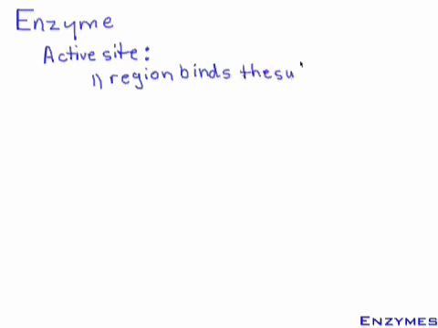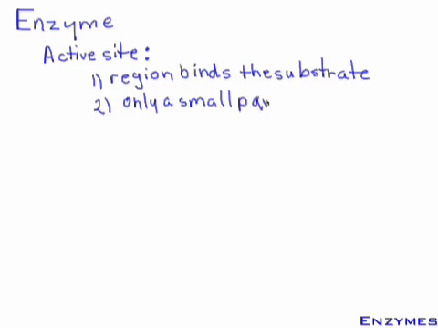So whatever type of molecule the enzyme acts on, the region of the enzyme that actually binds the substrate, grabs hold of it, and reacts with it, is referred to as the active site. It usually is only a small part of the enzyme's total structure.